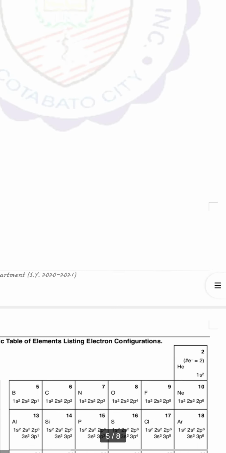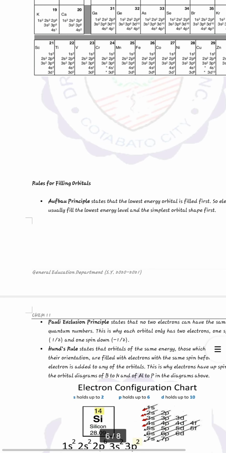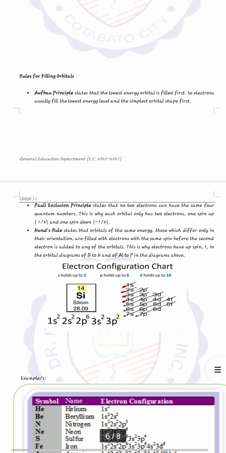Okay? So let's proceed now to the last topic of this lesson. We have the rules for filling orbitals. Okay. We have actually 3 rules. Aufbau principle. So Aufbau principle, it is literally the principle which states that the electrons fill lower energy atomic orbitals before filling higher energy ones.